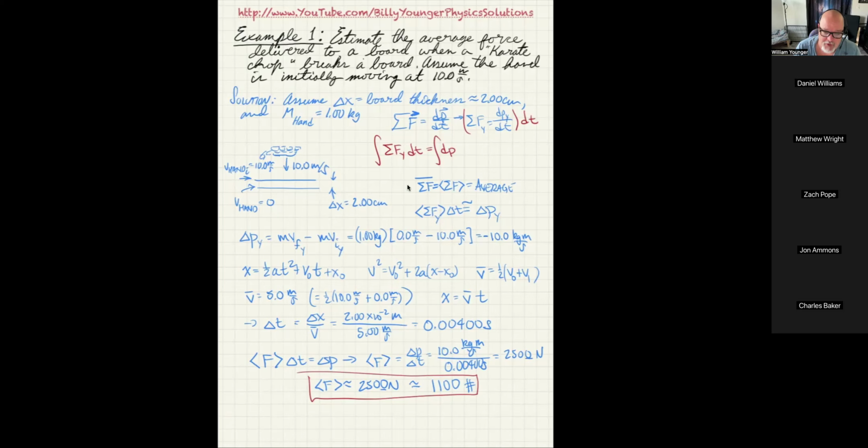In fact, you could just say v squared is equal to v0 squared plus 2a times delta x. We know delta x, we know v squared, we know v0 squared, and we just solve for a, and then we could use the a to figure out the time required for delta x. So you could use the a from the v squared equation, put that in the x equals 1/2 a t squared equation, and solve for t, and that would get it as well. Any of those ways are perfectly fine. Any of those kinematic tricks that you use would be fine.